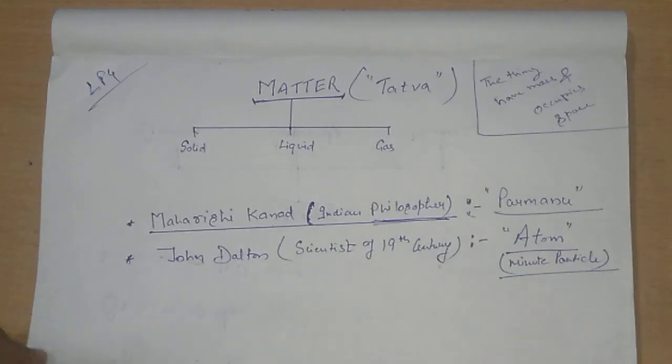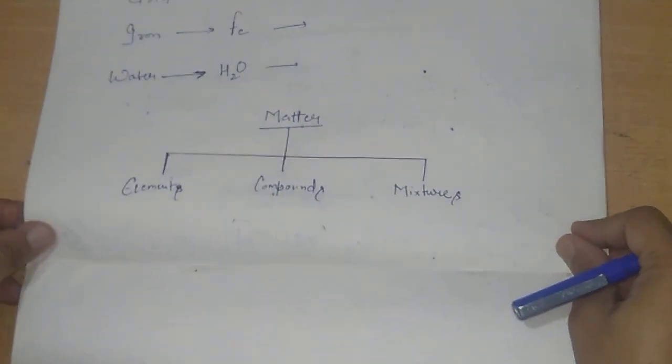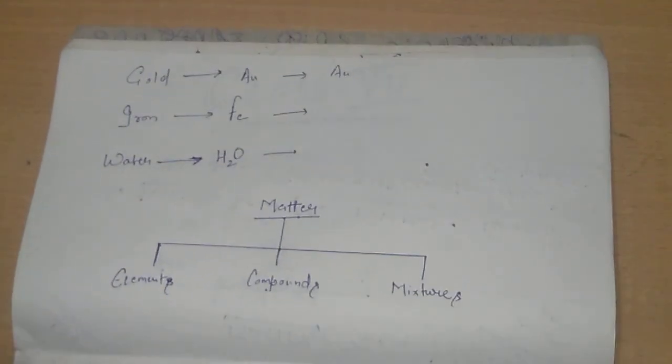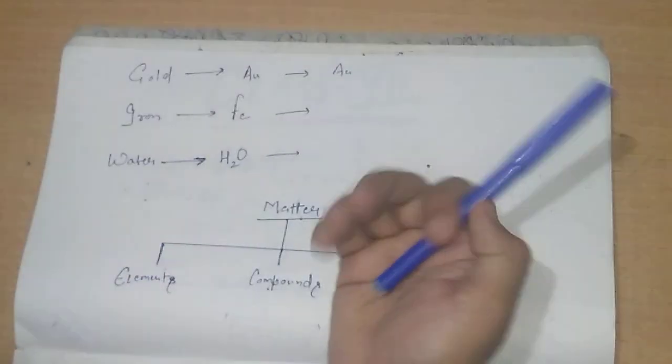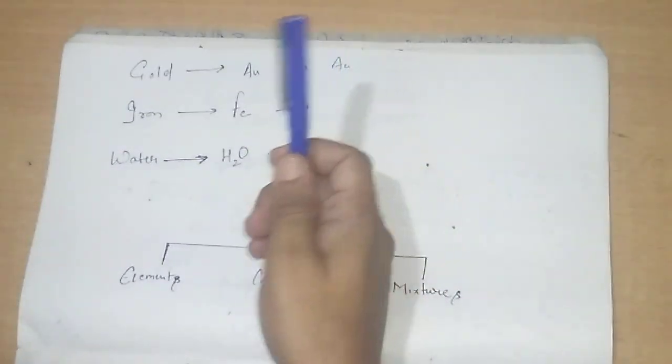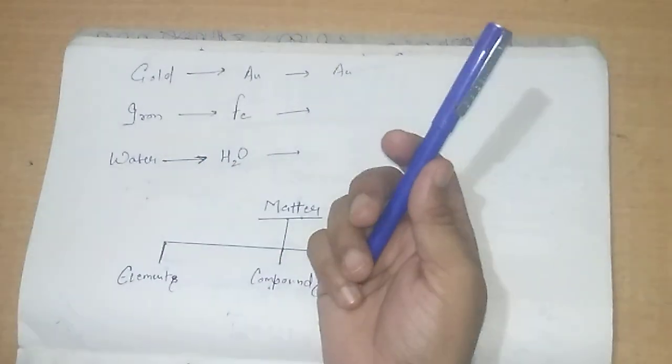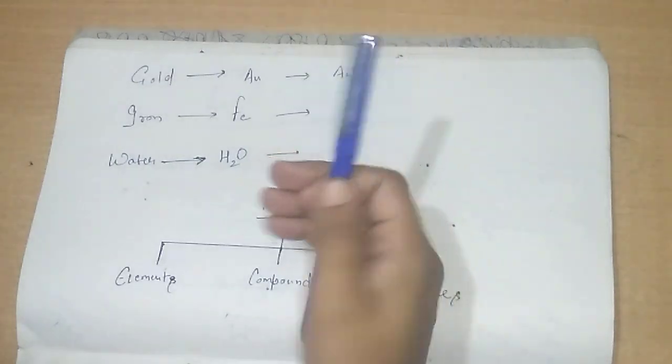Now let us take some examples to understand what matter is. Gold, we all are aware of what gold is. We have all seen gold ornaments, gold bangles, rings, gold biscuits, everything around us.